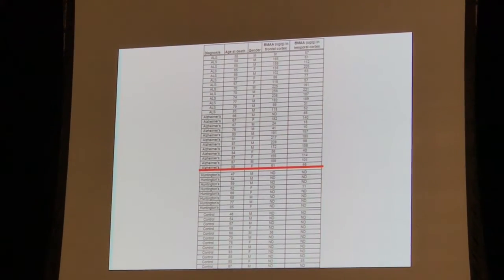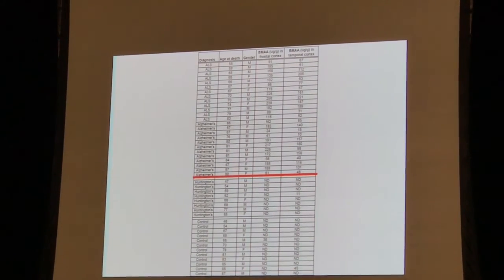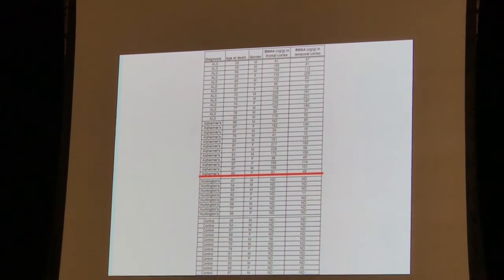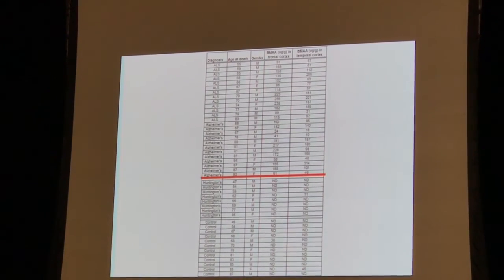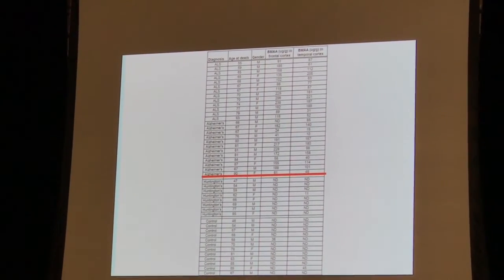You could argue that if you've got a neurodegenerative disease, it causes your brain to accumulate BMAA. You can test that by using Huntington's disease. We know that's genetic. They've got the neurodegenerative disease, but you don't see the BMAA. So that tells you the causation pattern is that BMAA is leading to the neurodegenerative disease rather than the opposite.